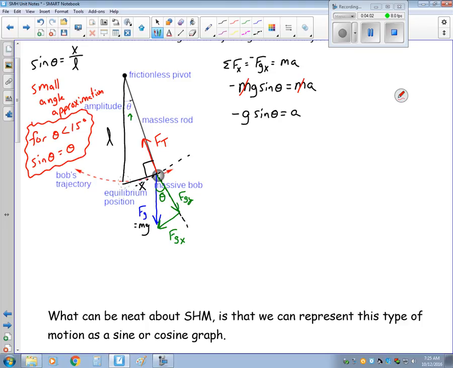That is the small angle approximation. Now we want to convert the degrees into radians, so whatever the radian equivalent of 15 degrees is, sine of theta equals theta.